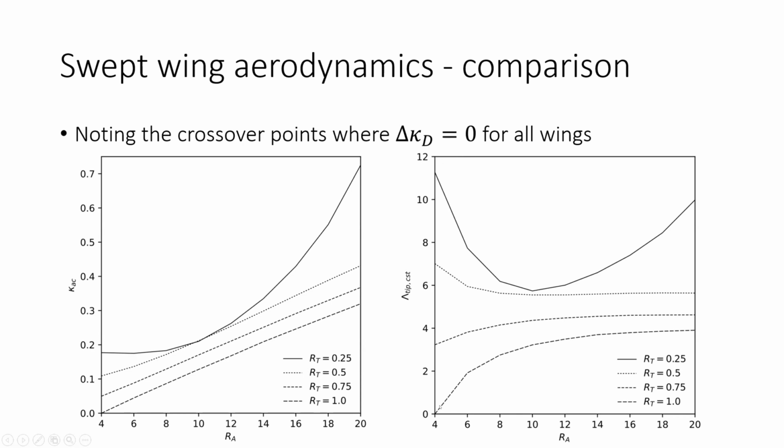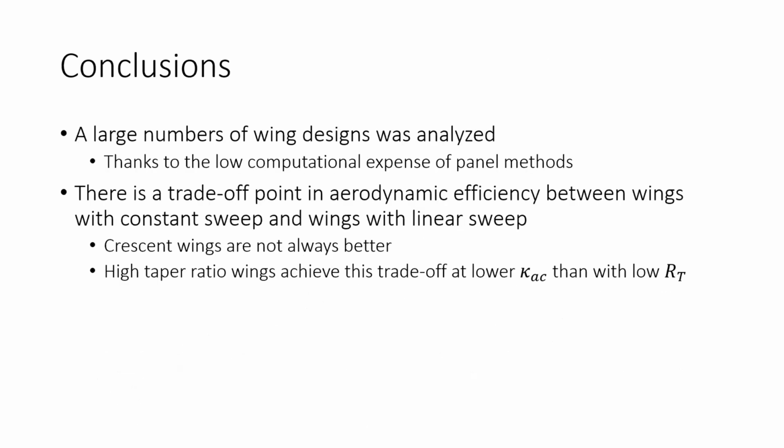So really, if you have an untapered wing, anything above 4 degrees of sweep, for any aspect ratio, you should go for a linear sweep profile. And if you decrease taper ratio, that crossover point moves to higher sweep angles. And I believe that is the last slide.